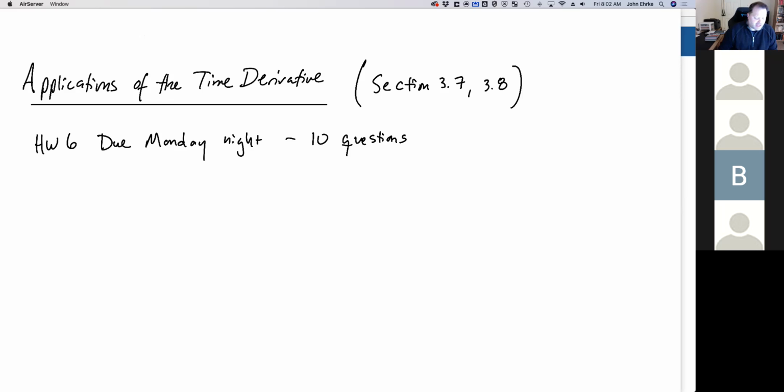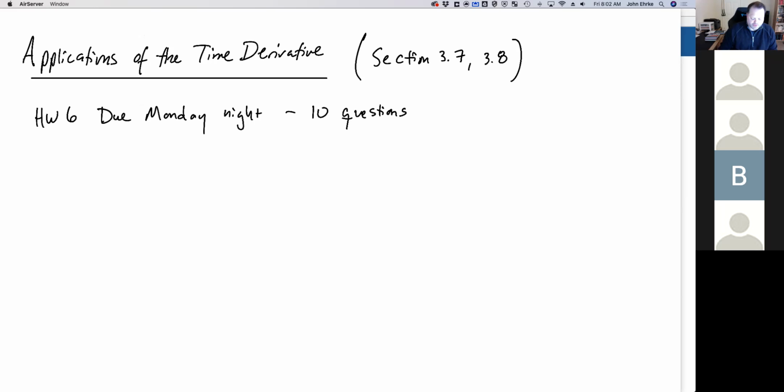So what do I mean by applications of the time derivative? Well, we've already seen in this course that the derivative with respect to time of position gives velocity. And we've seen that the derivative with respect to time of velocity gives acceleration.